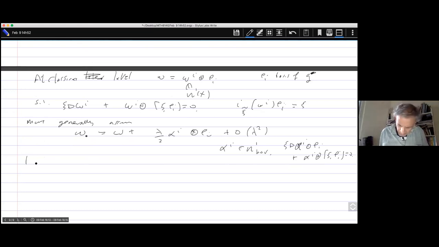So the theorem, which is where I'm going to end, is that if X is a Poisson principal bundle with omega a classical spin connection, this gives you a corresponding nabla p at the classical level.